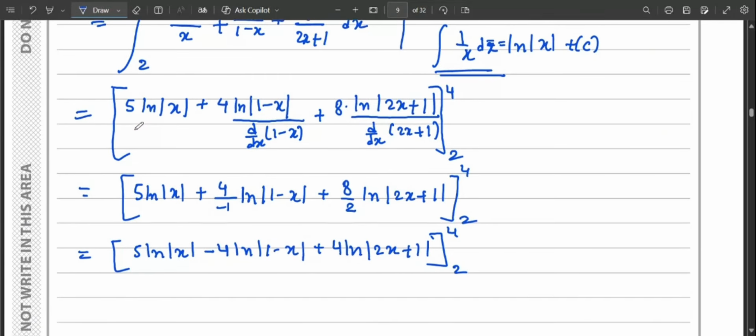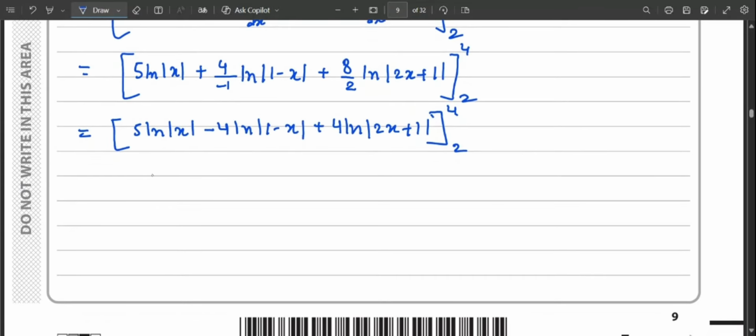Now, in order to find the value of this definite integral, we need to substitute the values 4 and 2 in our expression. So we can write 5 ln 4 minus 4 ln of 1 minus 4, plus 4 ln of 2 into 4 plus 1.